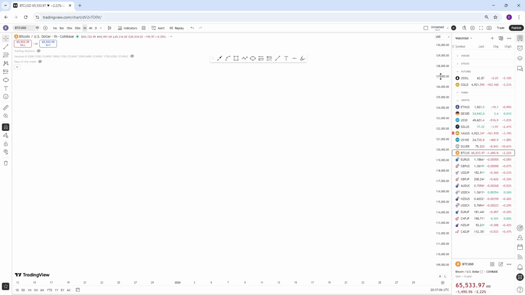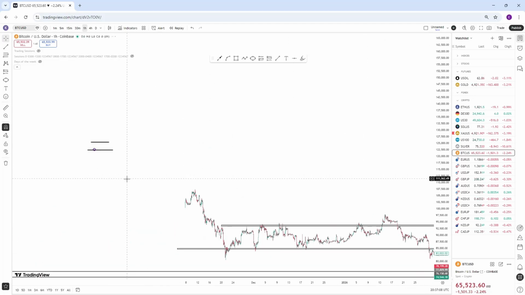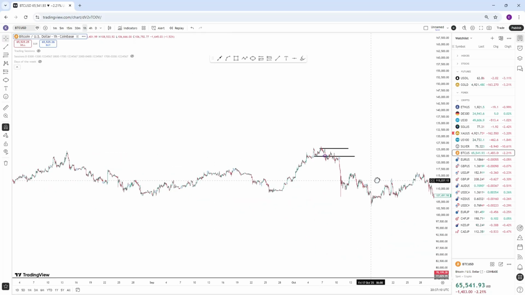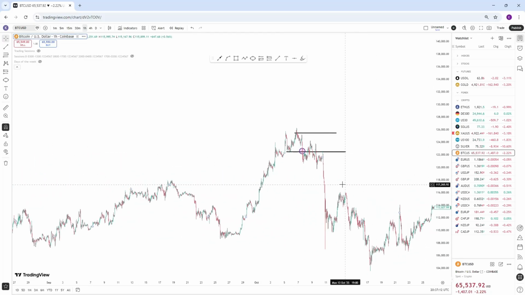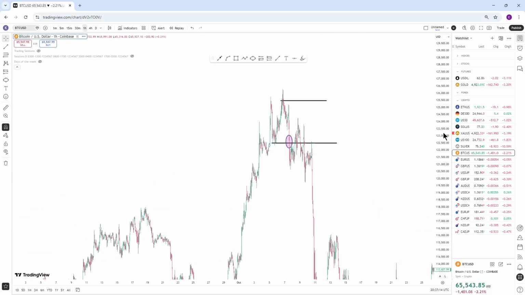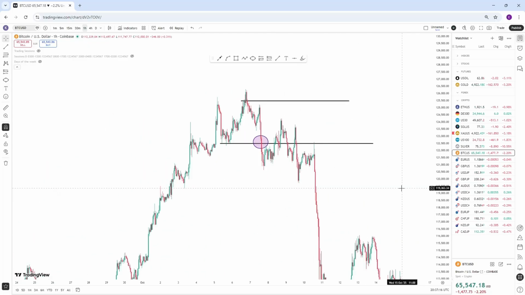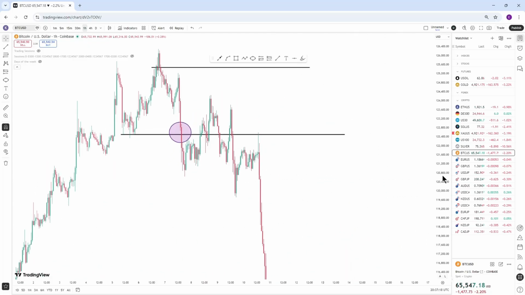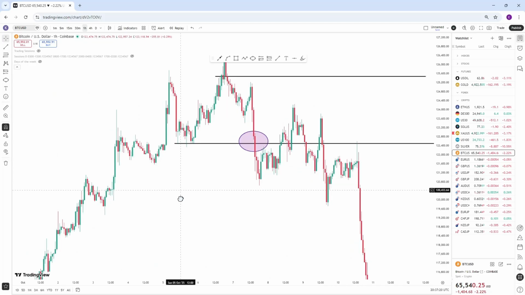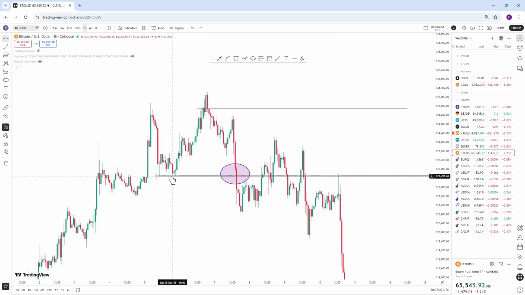Let's go to the 1-hour time frame so you can see it closely, right? You can see here the market made a high, it pushed up.